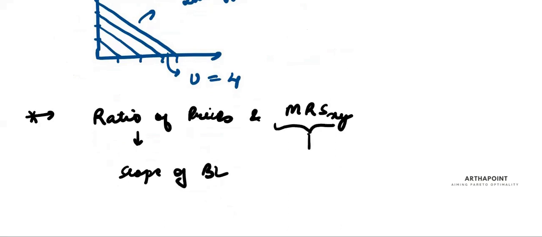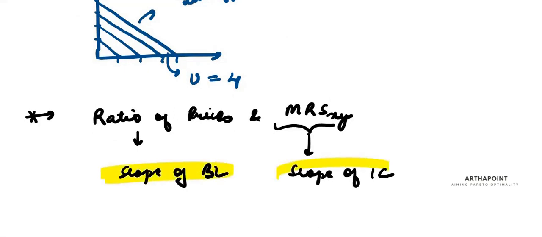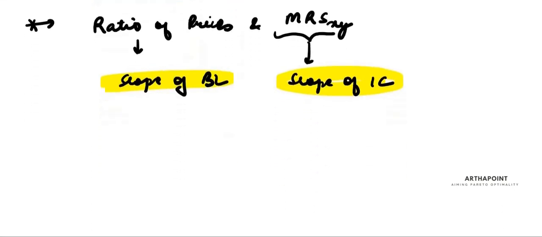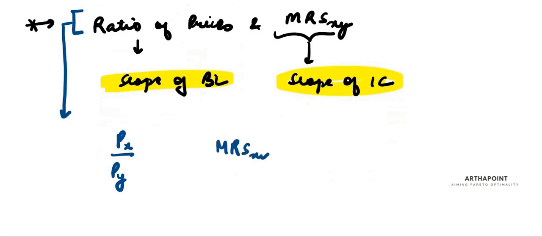This is nothing but the slope of the indifference curve. We have to see whether the slope of the budget line is less than, greater than, or equal to the slope of the indifference curve. To do that, we begin by saying that the ratio of prices is Px by Py, and MRS XY I will write as is.